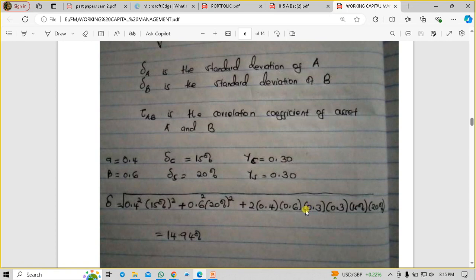I have not changed it, I don't know why. But when you calculate all these, you're supposed to get your answer as 14.94%. That is how you calculate portfolio risk, or if you are asked for portfolio standard deviation. If it is portfolio variance, you will not put the square root, but mostly you can be asked about portfolio risk. That is the formula that you use to calculate portfolio risk.